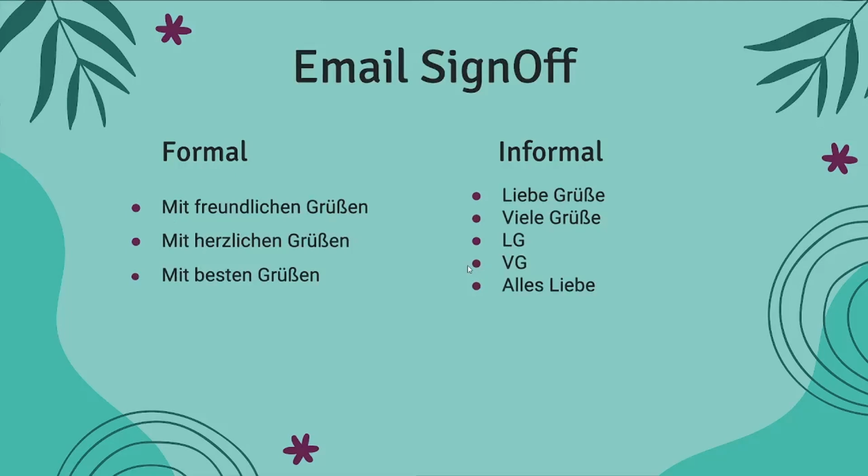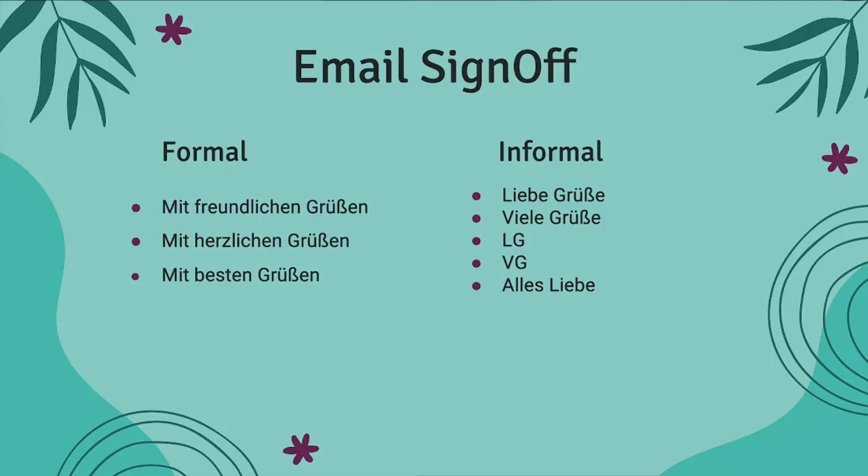So how to sign off the emails? Here there is one more difference. In general, in English, whenever we write thank you, we will write a comma. But in German, you could notice there is no comma at the end. For example, mit freundlichen Grüßen, mit herzlichen Grüßen, mit besten Grüßen. So this mit freundlichen Grüßen is often used whenever you don't know which one to choose.